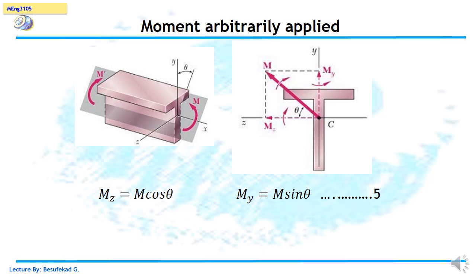What is the equation of a straight line? y is equal to mx plus c. For this case, c is 0. Then this is the equation of a straight line with slope Iz over Iy times tan theta. This is the equation of the line for the neutral axis. So with such a method, you can find out the location or direction.